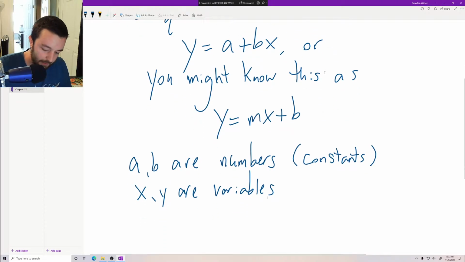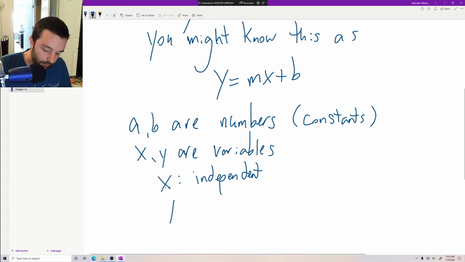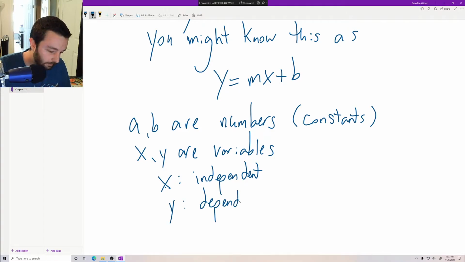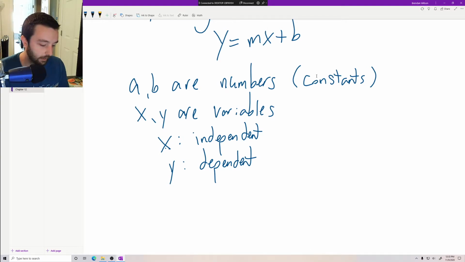Okay. Specifically x is the independent variable and y is the dependent variable. So they're called linear because when you graph them, you get a straight line. Okay.